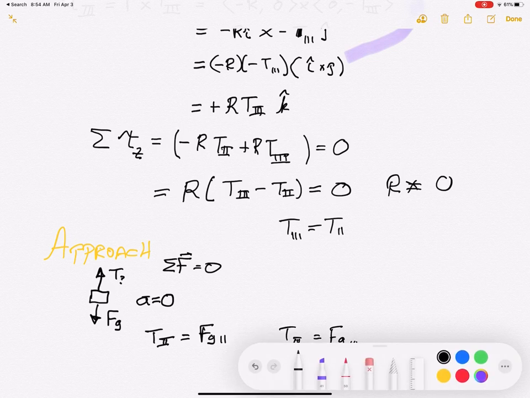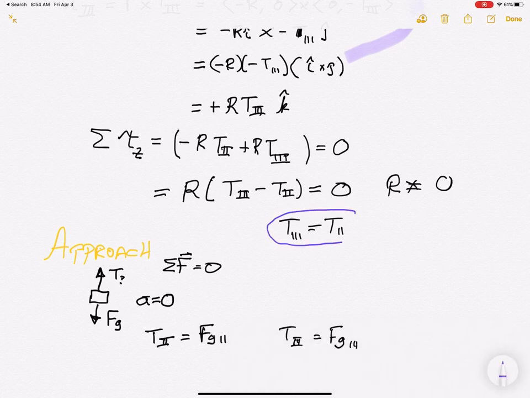So let's gather up our equations. We know this is true, and we found both of these equations.